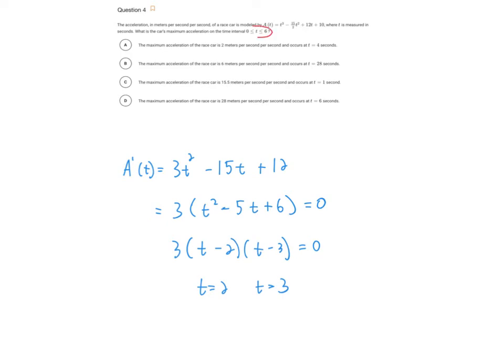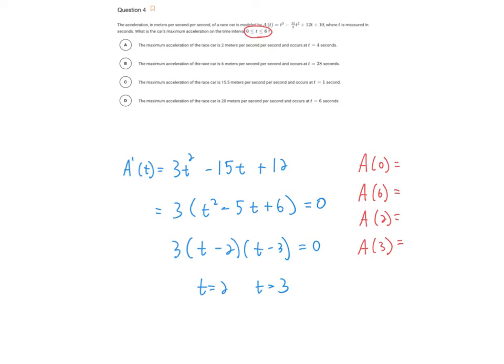So they have this interval from 0 to 6. So we'll plug into the original, into A of t. So we'll plug in 0, plug in 6, the two endpoints, and then we'll plug in also the critical points we found. Okay, and so now we're just testing. We know that the maximum value is going to be at an endpoint or a critical point, so we'll just plug all these in and see which one's the biggest to get the max.